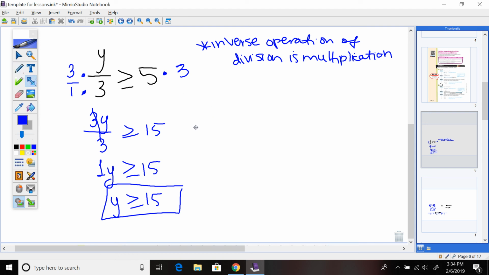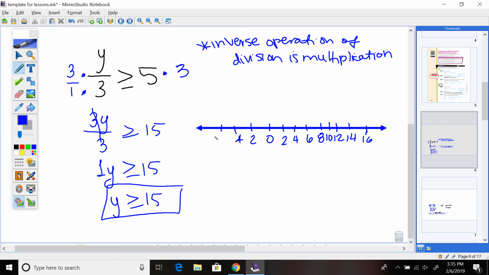If you were to graph it on a number line, so we need a positive 15, so let's go by 2 so it could be easier. 2, 4, 6, 8, 10, 12, 14, 16, and then opposites will be 2, 4, 6. Positive 15 is to the right of 0, so somewhere in between 14 and 16.